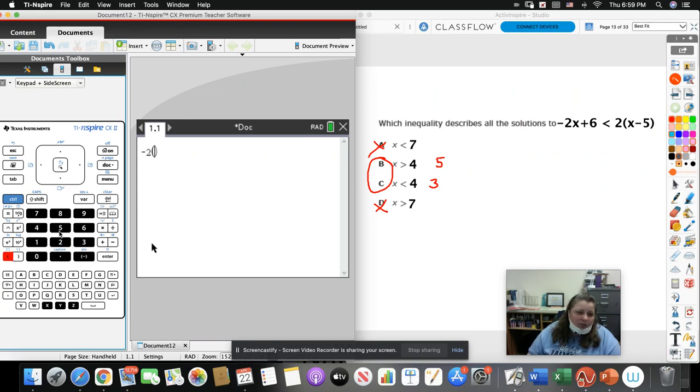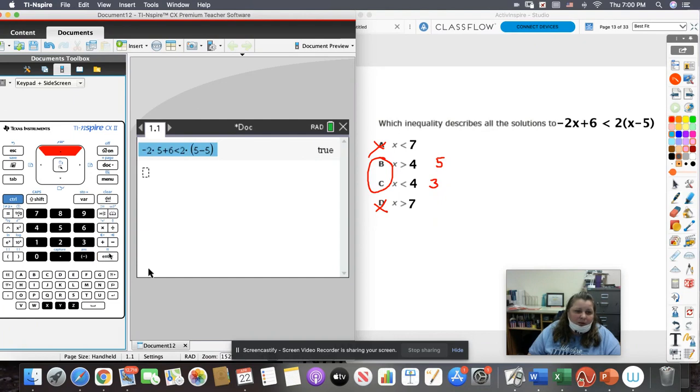X, we're plugging in 5 for the first one, plus 6, control, equal, gives me my symbol, 2 times x, whoops, not x, we're replacing x with 5, minus 5, enter. And that's true. Okay, and so that would be my correct answer.